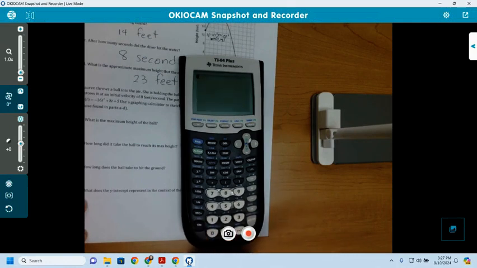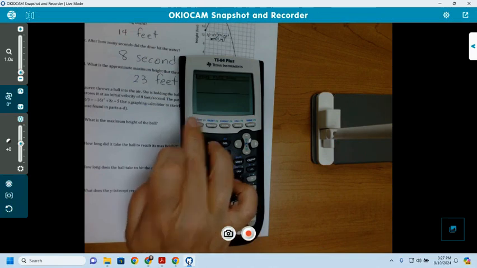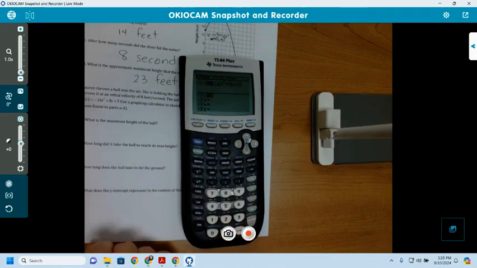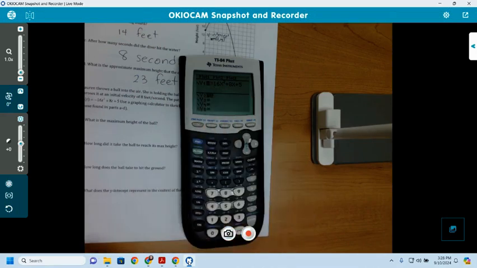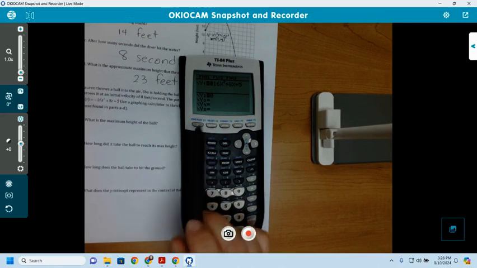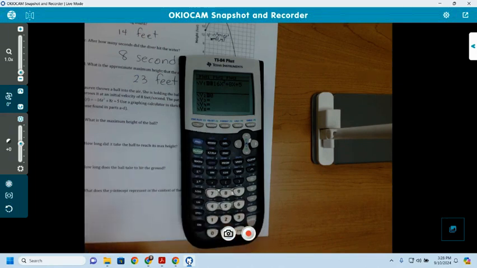Let's see if you can see that. I will press y equals. And I actually already have the equation in there. It is negative 16x squared plus 8x plus 5.